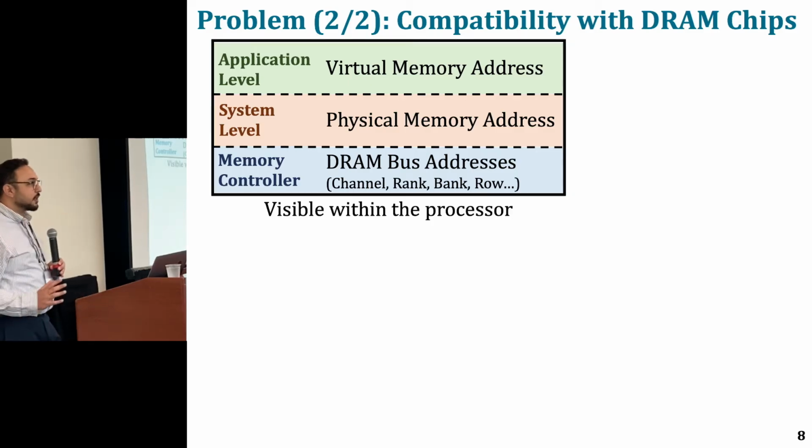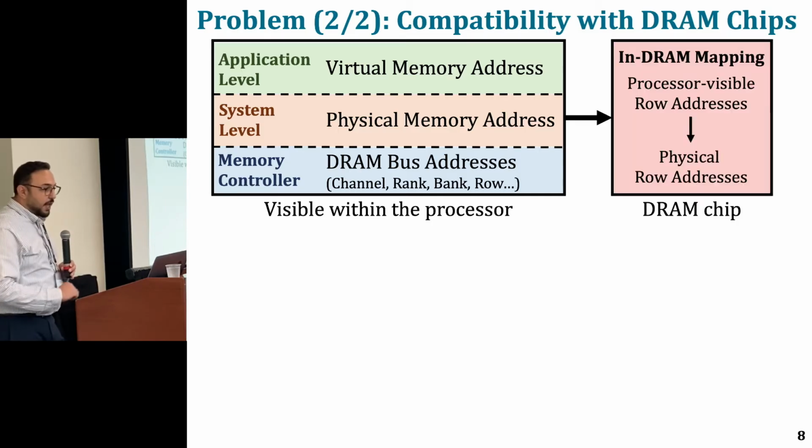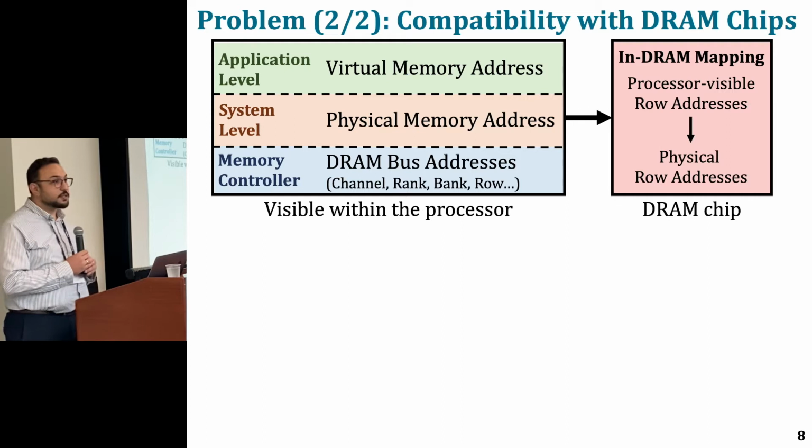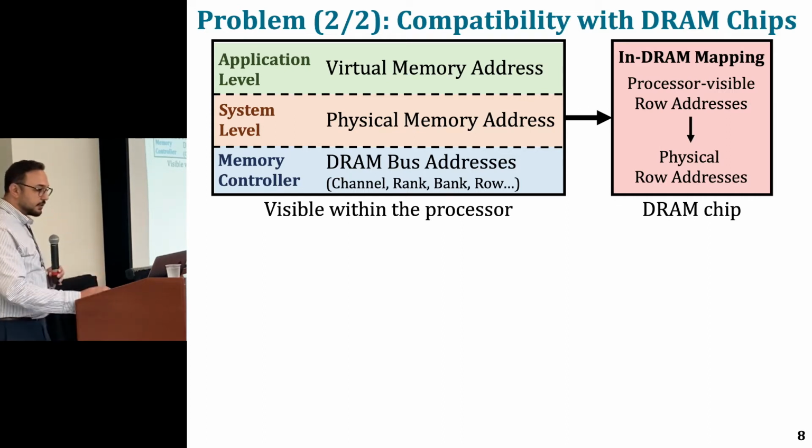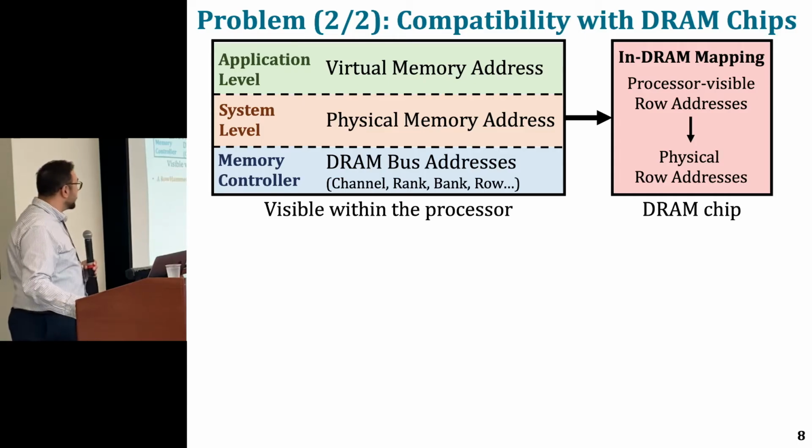All these translations are visible within the processor. And there is yet another address translation, from processor-visible row addresses to physical row addresses, that happens inside the DRAM chip, and this information is proprietary. You do not have this information on the processor side.